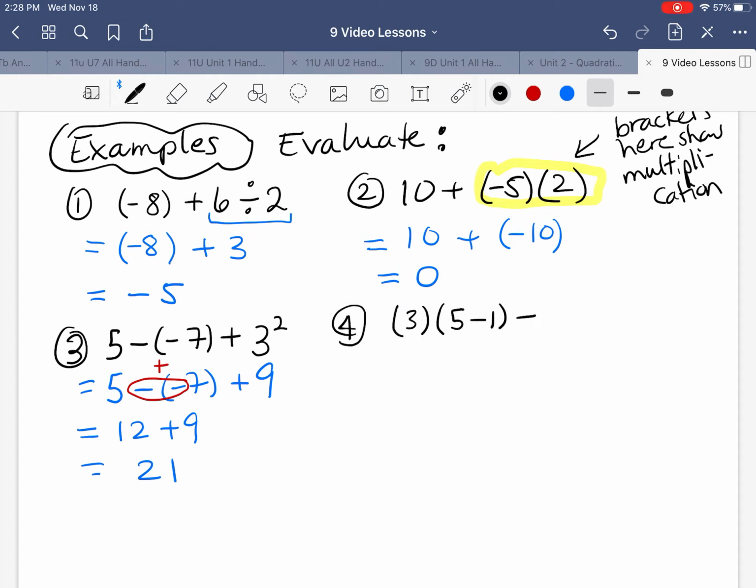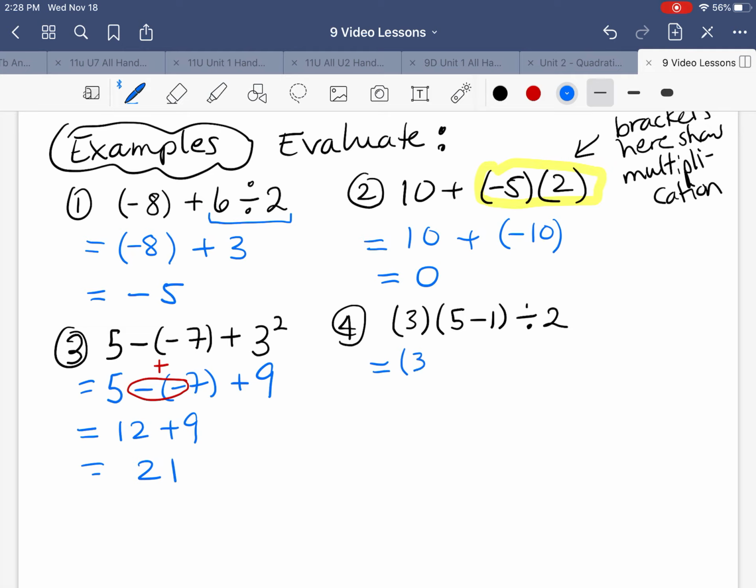Let's do another one. So here we have 3 times 5 minus 1 in brackets, divided by 2. So we need to deal with the brackets first. Now, in this case, in our brackets, we actually have an operation happening. We have subtraction.